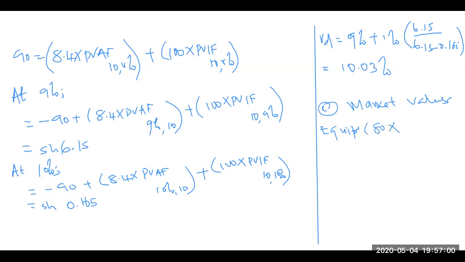We multiply by the number of shares issued. The total nominal value of the shares of the company is 80 million. The nominal value per share is 100. So divide by 100, and this gives therefore 64 million, the market value of the equity shares.